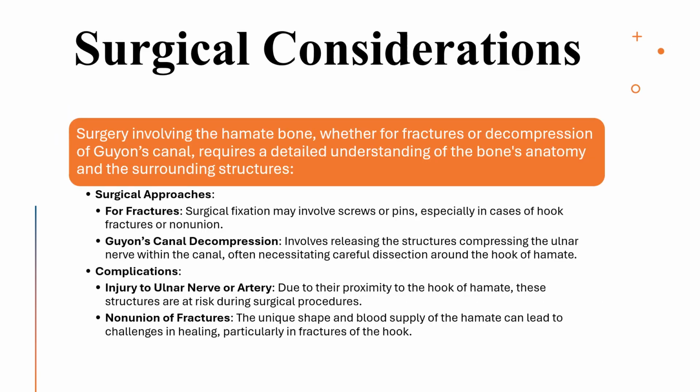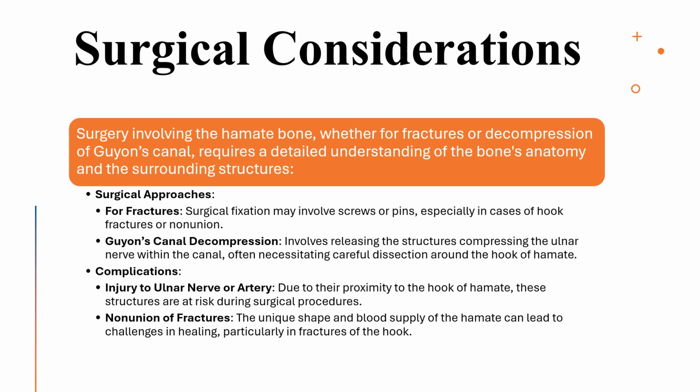There are some surgical approaches we consider in conditions related to the hamate bone. The conditions that go for surgical approaches are fracture of the hamate, decompression of Guyon's canal, and any anatomical variation present in the hamate bone.